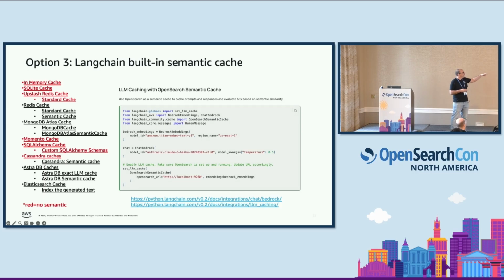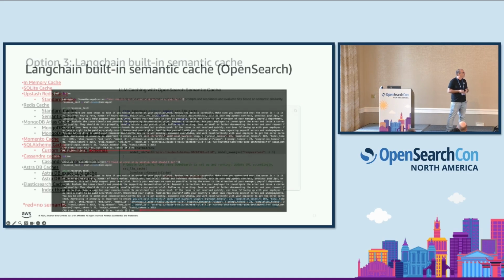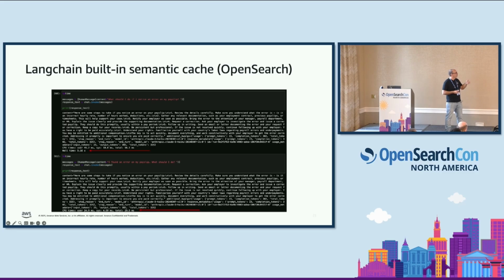As you can see here, the different stores that are highlighted in red do not support semantic similarity cache. This is where, again, OpenSearch shines, because you can use it both as an exact cache and also as a semantic cache. And this is an example of that implementation using OpenSearch.